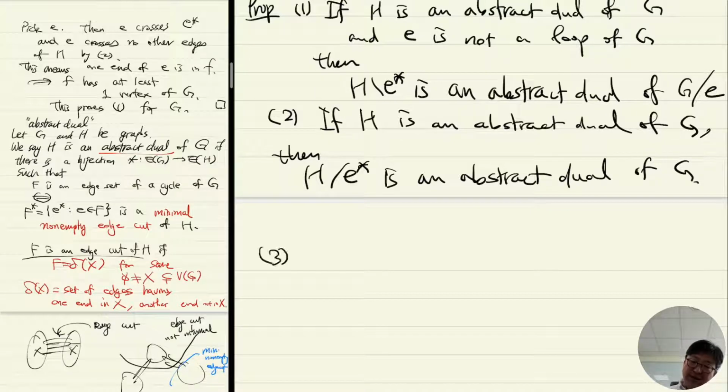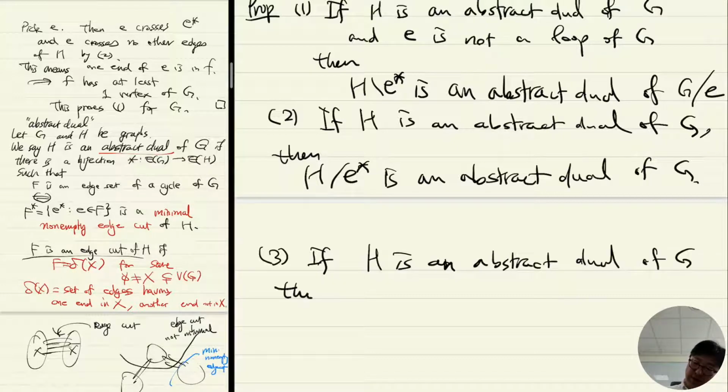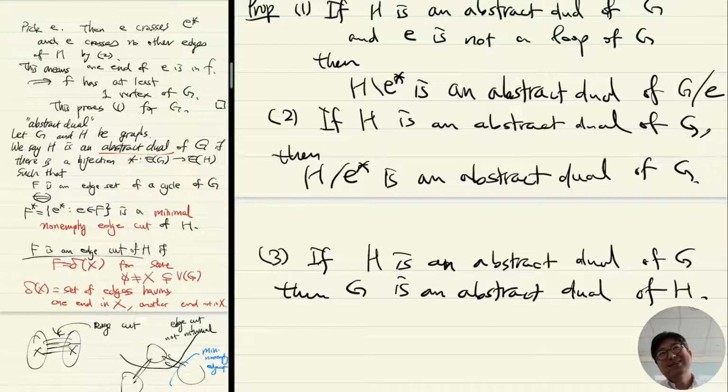So another property is if H is an abstract dual of G, then G is an abstract dual of H. Again, it's a nice exercise to study. And here we don't need the condition that G is connected. For geometric dual, we need the graph to be connected, but an abstract dual may be disconnected, so it's okay.